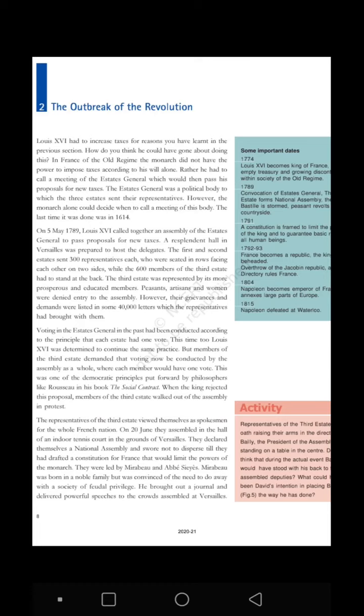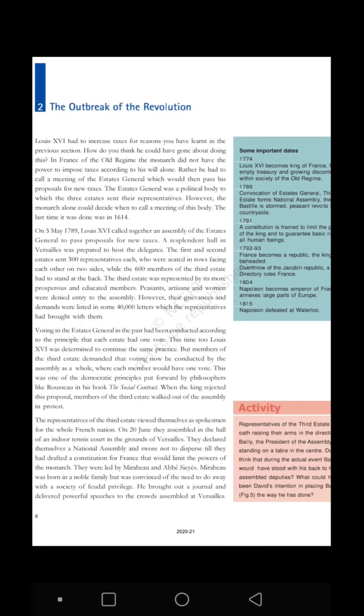What could have been David's intention in placing Bailly, figure 5, the way he has done? Take a look at figure 5, the Tennis Court Oath. Preparatory sketch for a large painting by Jacques-Louis David. The painting was intended to be hung in the National Assembly.